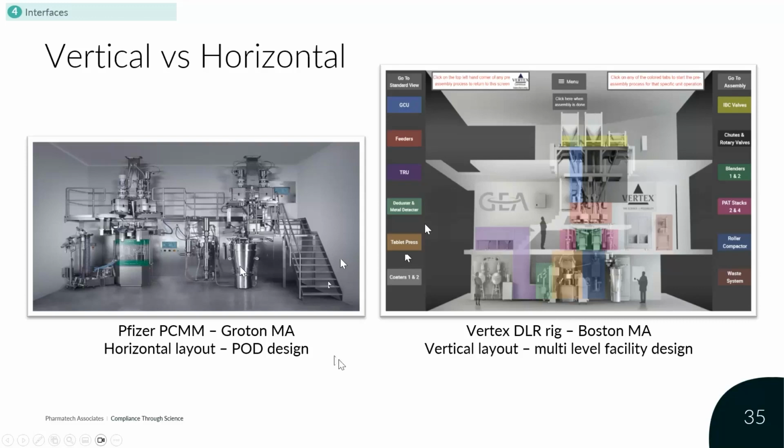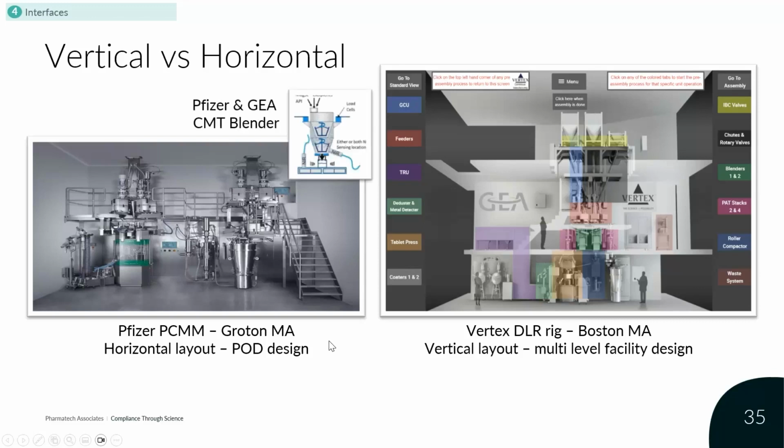So on the left side, this is the PCM installation of Pfizer, which is a nice example. They also used a very specific blending technology to make it more compact, or the well-known Vertex rig, where you can see what I'm talking about.